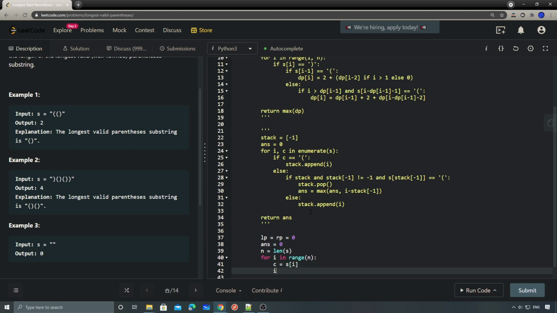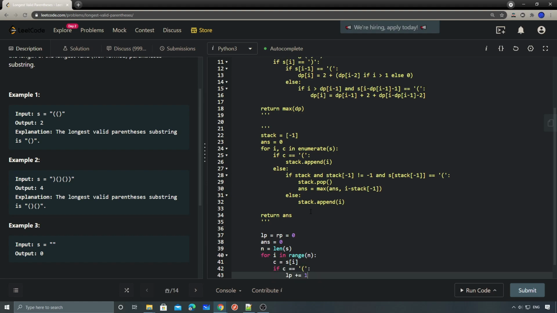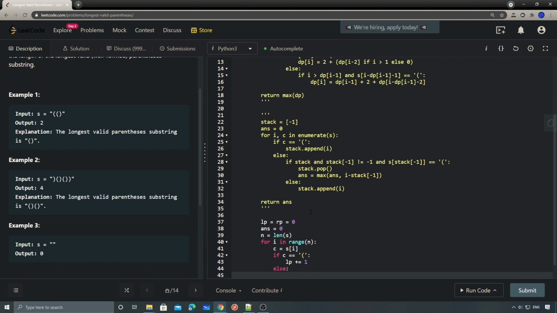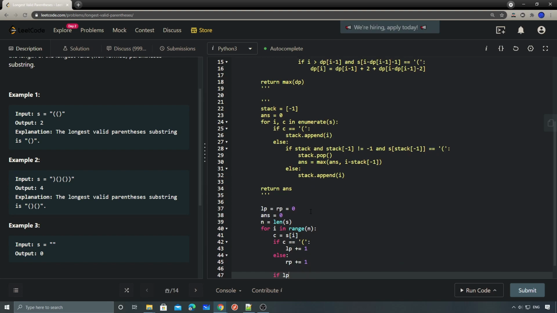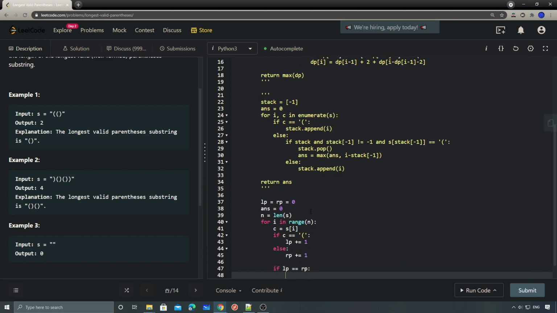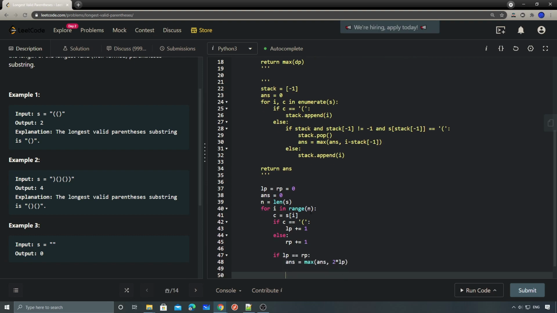If c is the left parenthesis, we increase the left counter by 1, else we increase the right counter by 1. If the left equals the right, then we know we found a match, which means we do a max of the answer and 2 times either left or right, either works. And then we reset if the right parenthesis is greater than the left.